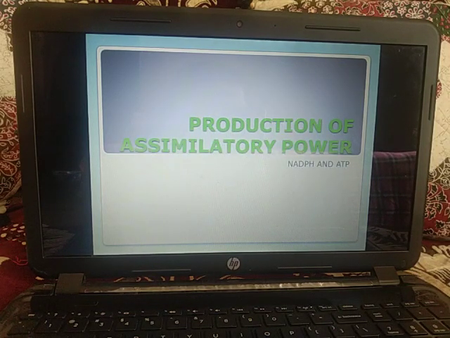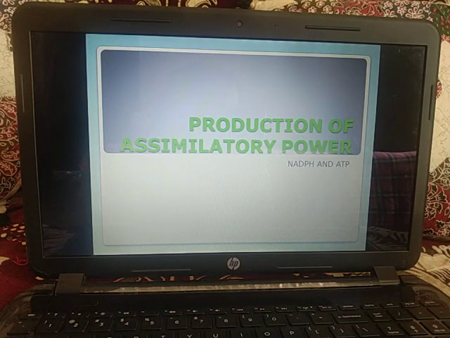Next we have production of assimilatory power, that is NADPH and ATP. The electrons that are released during photolysis of water are picked up by the P680 photocenter of photosystem 2. On receiving a photon of light energy, the photocenter expels an electron, and there is a gain of energy, that is 23 kilocalorie per mole.